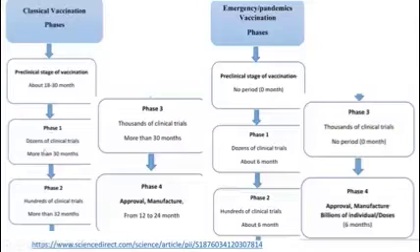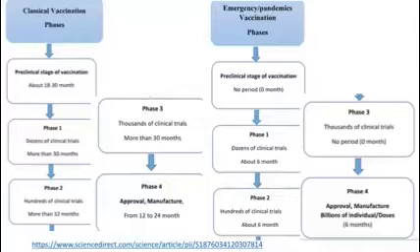Then phase 1 trial, dozens of clinical trials, more than 30 months. Then phase 2, hundreds of clinical trials, more than 32 months. Phase 3, thousands of clinical trials with people, more than 30 months. Phase 4, approval and manufacture, from 12 to 24 months. If you add all this up, it goes over several years.